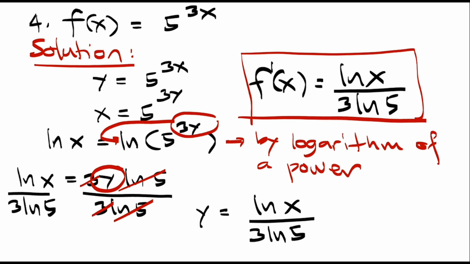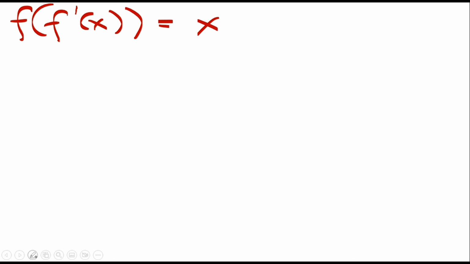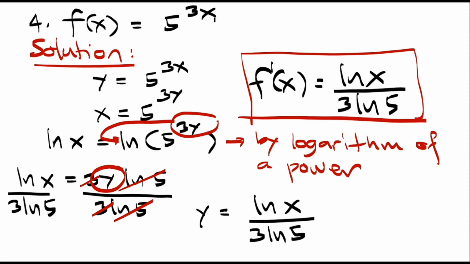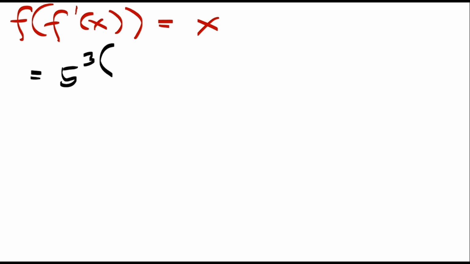So what is f of f prime of x? So we have five raised to 3 times, so it is our original function. So this x will be replaced by the inverse. That is ln x over 3 ln 5.